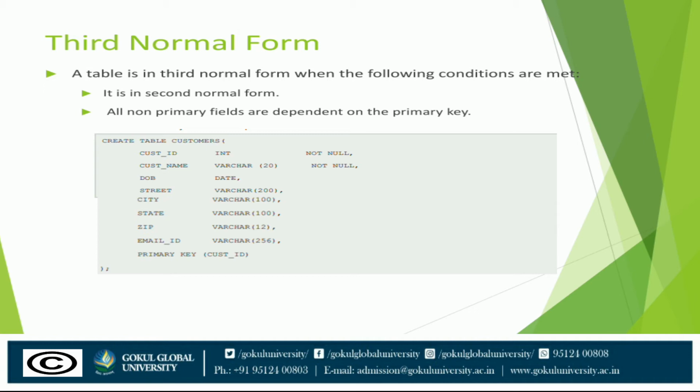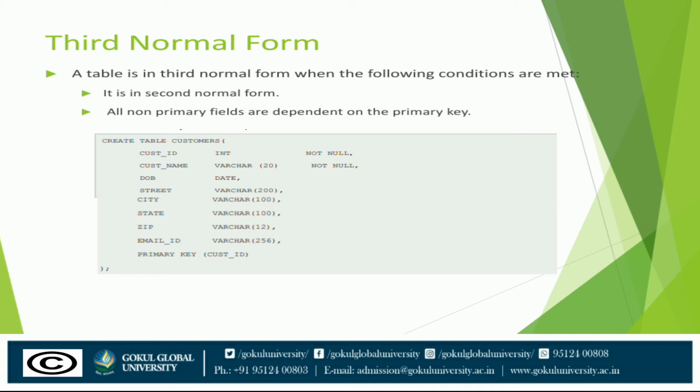The dependency of non-primary fields is between the data. For example, see the table: street name, city and state are unbreakably bound to the zip code.